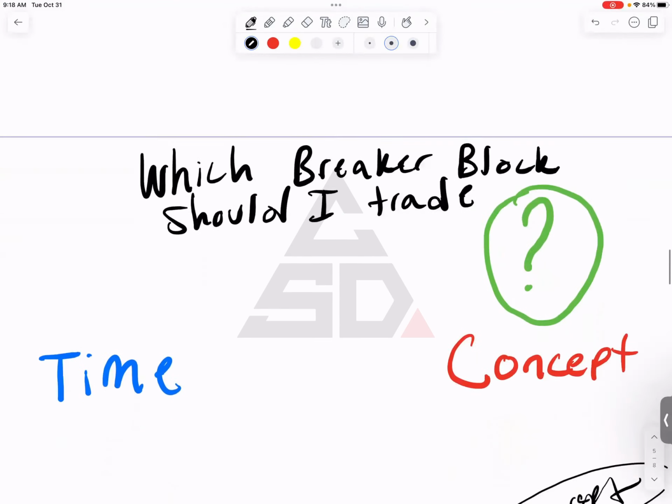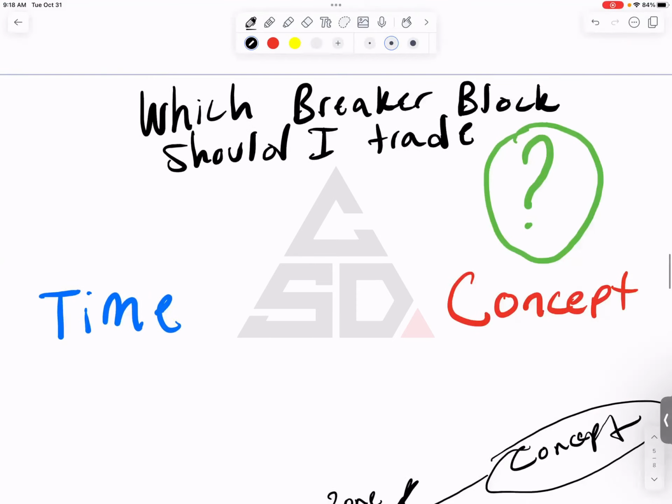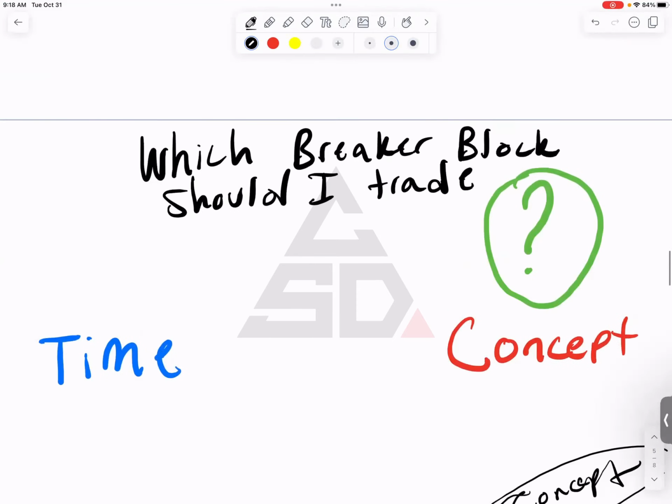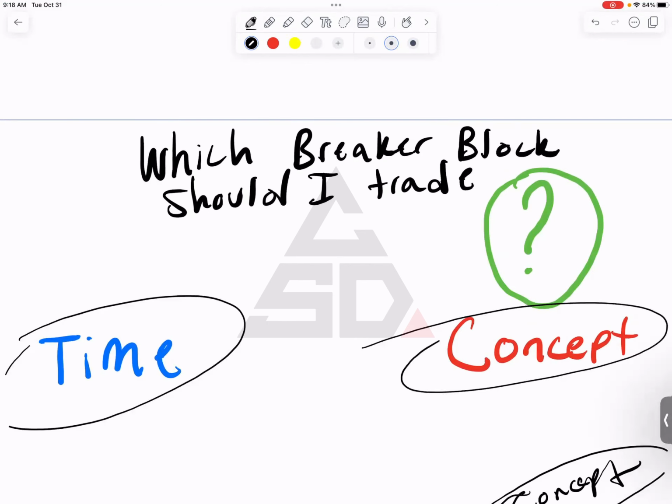So which breakers should I trade? The first thing you should understand is the timing of the breaker and then the concept. These are the two difference makers in which breakers you should trade. For one aspect, you look at time.